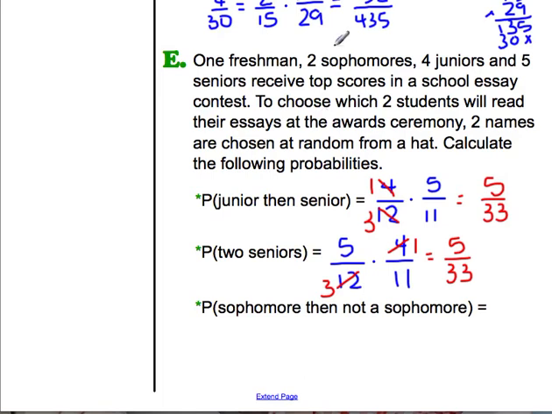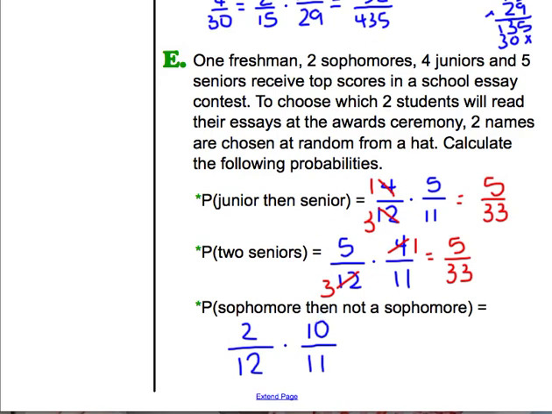The final one is the probability of choosing a sophomore and then not a sophomore. So I look here, I have 12 students again, and out of those 12 students, 2 are sophomores. And then if I assume that a sophomore is chosen, I'm now down to 11 students, and 1 of them is a sophomore, which means that there are 10 that are not sophomores. So that's going to help us out.